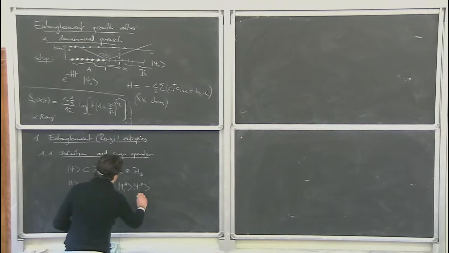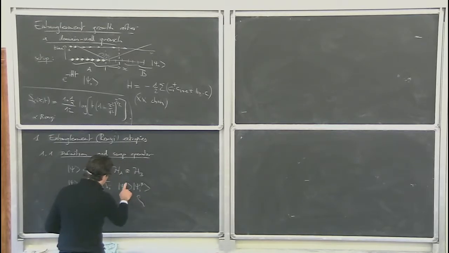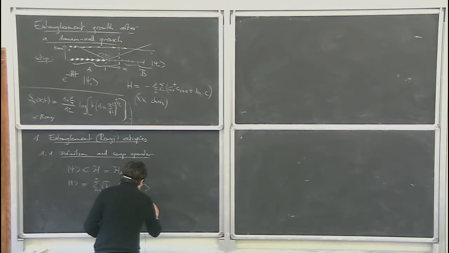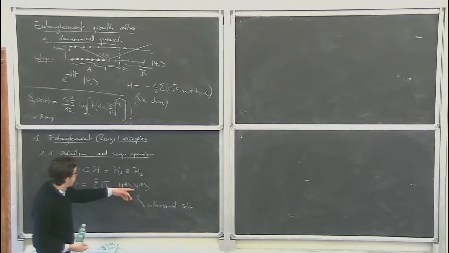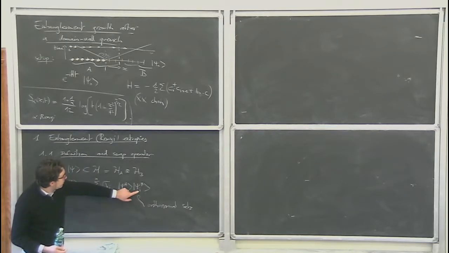So here you can choose these sets, psi I A and psi I B, as orthonormal sets. So the inner product between two of those with different indices is 0.